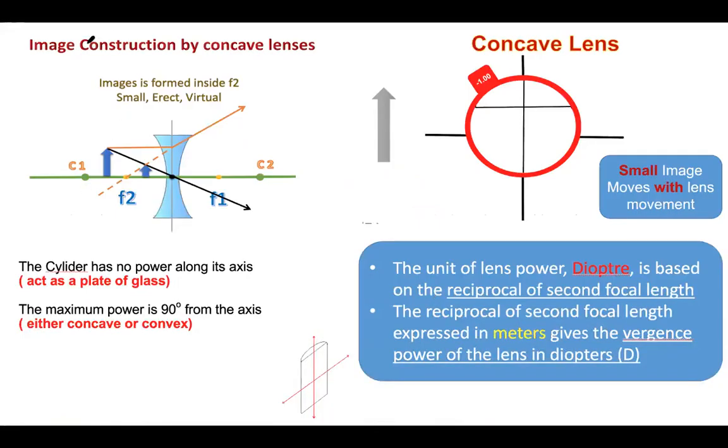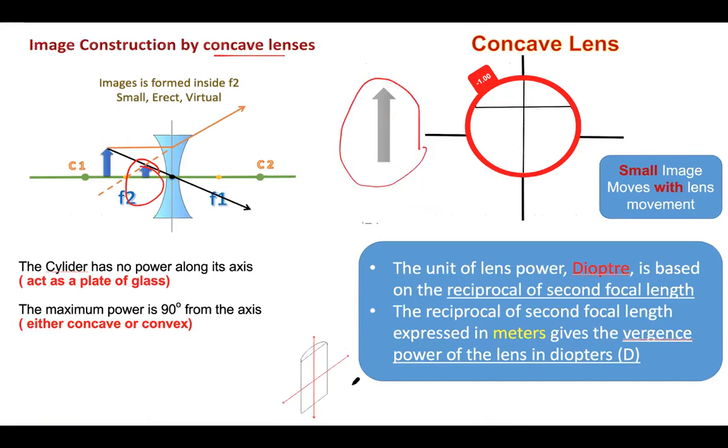We said before that image construction by concave lenses gives a small image. This small image is a virtual image. And in a concave lens, if we move the lens in front of a cross, this will result in movement of the cross in the same direction as the movement of the lens.